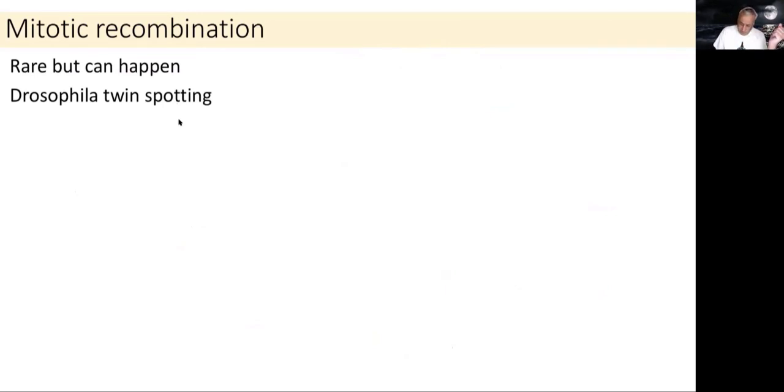So you can also get recombination, believe it or not, in mitosis. It doesn't normally happen, but cells can make mistakes. So normally, chromosomes line up at the metaphase plate without the homologs sharing any information. But every now and again, the homologs may line up like that accidentally for a time, and then they can exchange chromatids.